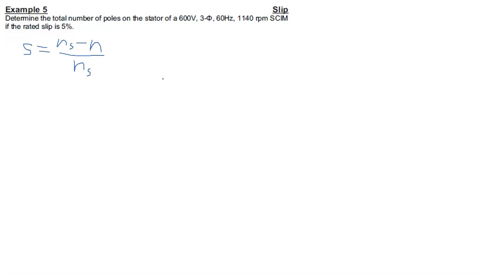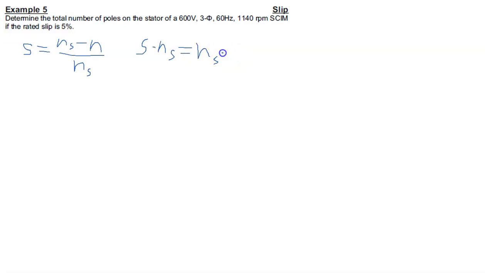But we don't know ns, right? And so now what we're going to do is think about solving the slip equation for ns. And of course, times 100%, but we don't want to put that in there if we're trying to solve this using algebra. So again, cross multiplication says that s times ns is equal to ns minus n.